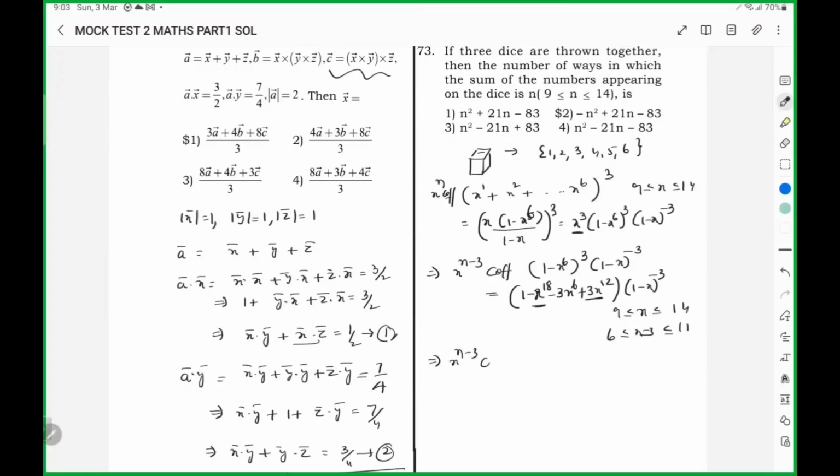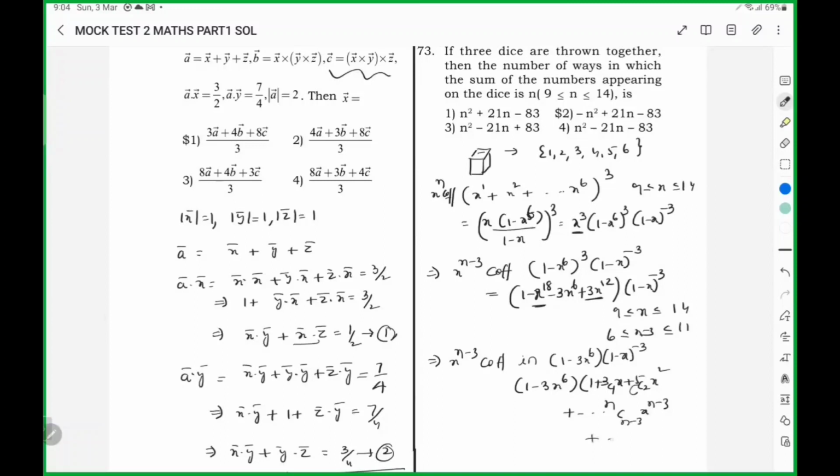The coefficient of x^(n-3) in (1 minus 3x^6)(1 minus x)^-3. Here in this expansion, 1 minus 3x^6, 3c1 x, 5c2 x², and so on. Here for x^(n-3), you write C(n, n-3), the difference is 3. So nC(n-3).